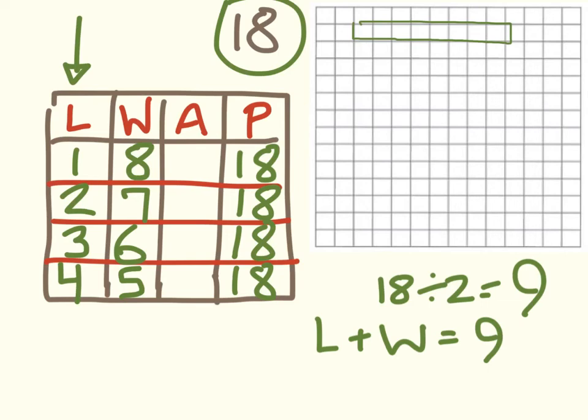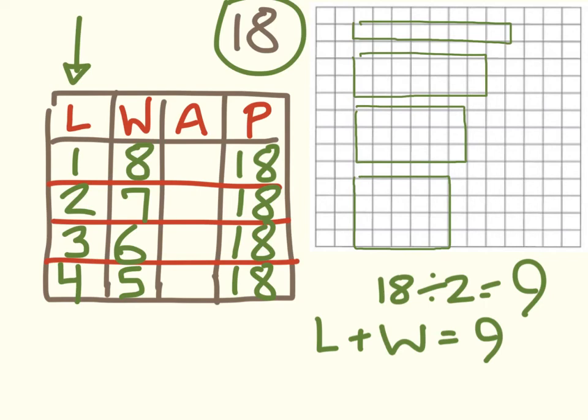Alright, that has a perimeter of 18. How about a length of 2 and a width of 7? Alright, that has a perimeter of 18 as well. And a length of 3 and a width of 6 also has a perimeter of 18. And a length of 4 and a width of 5 also has a perimeter of 18.